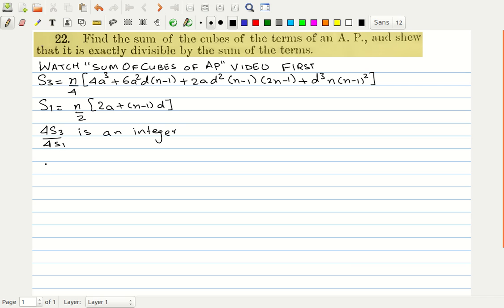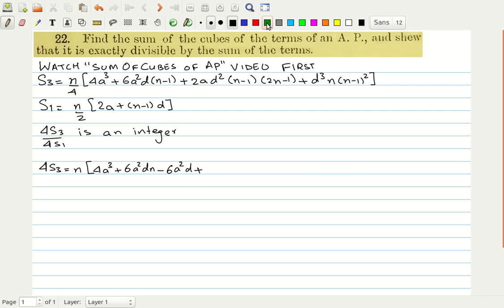So what is 4S3? 4S3 is n times, and now we will open the brackets also. So we have 4a cube plus 6a square d n minus 6a square d. We are opening the brackets because we have to do the long division.